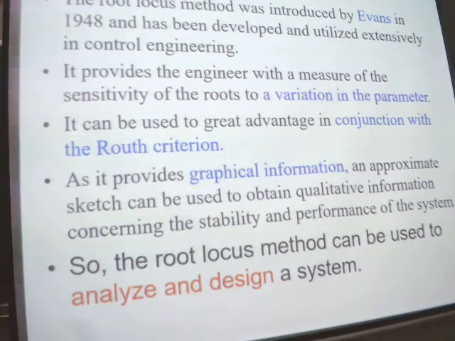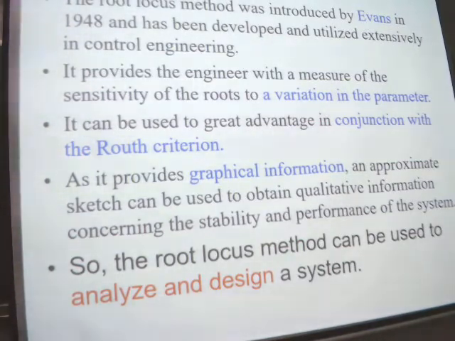It provides the engineer with a measure of the sensitivity of the roots to a variation in the parameter, and it can be used to great advantage in conjunction with the Routh criterion.